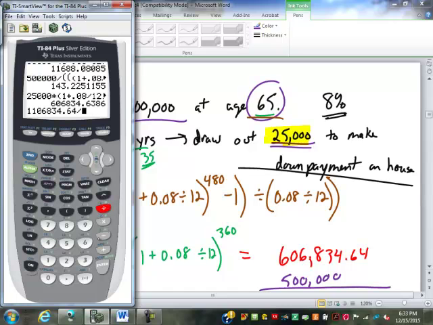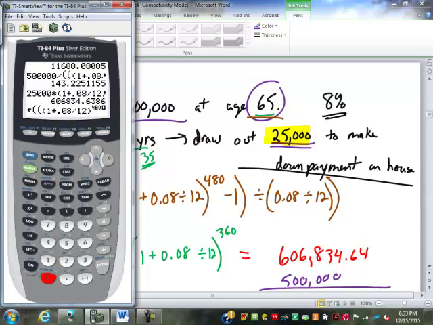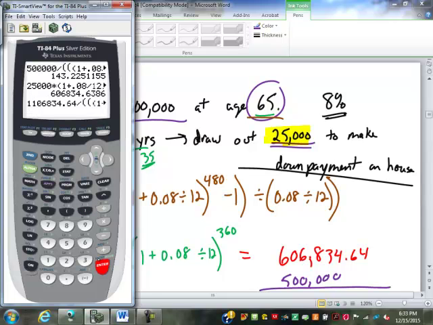So now we're going to divide by 1, 2, 3. 1 plus 0.08. We're just back to this formula that we started the first time. Divided by 12, close, to the power of 480, minus 1, divided by, open 0.08, divided by 12, close, and close.